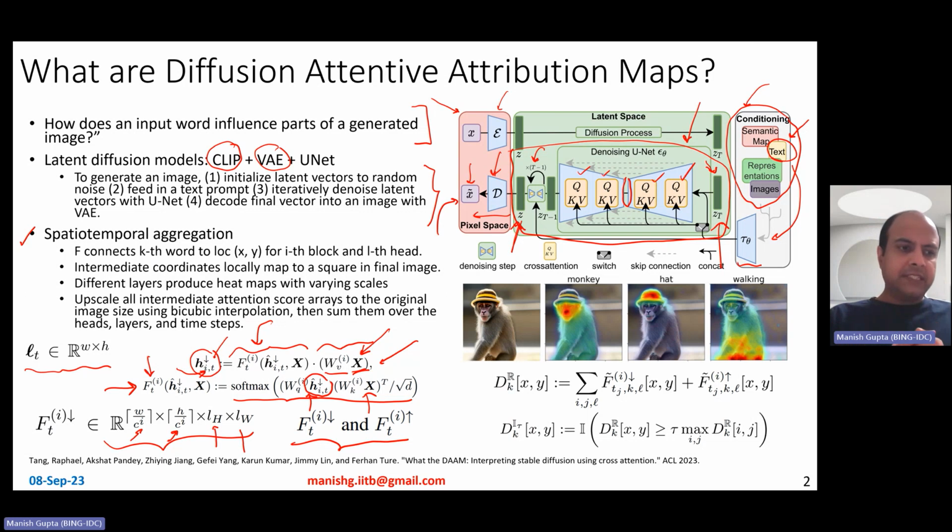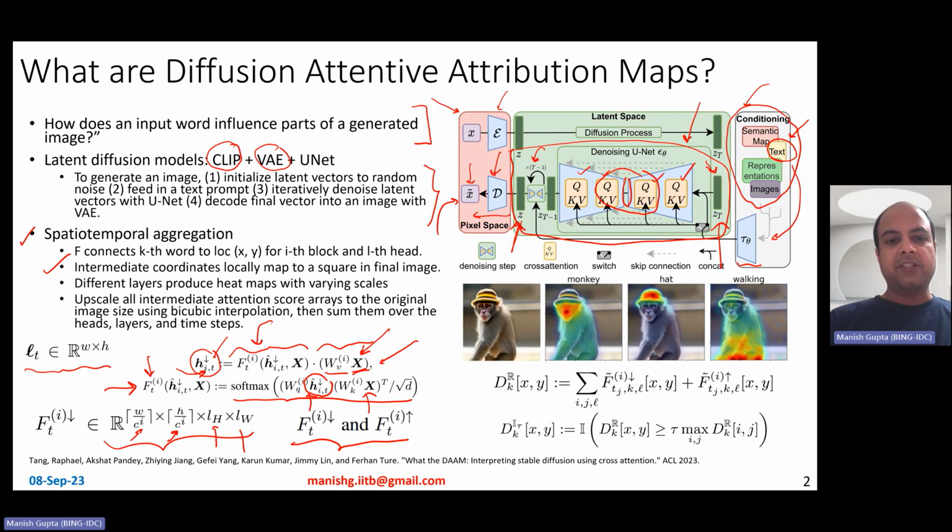Now, for layers which are far away from the original image, or closer to the center of the unit, the overall attention map is going to be pretty small. So you have to do bicubic interpolation to expand them to be the same size as the original image first.